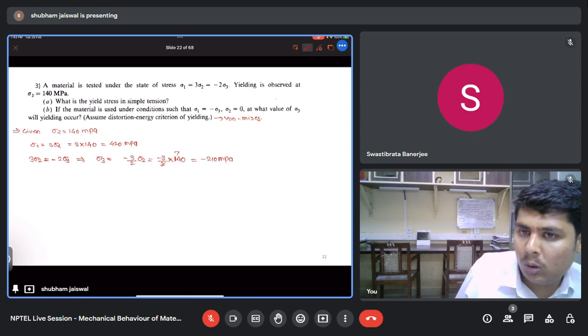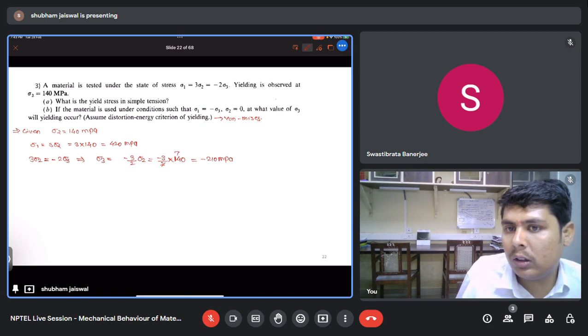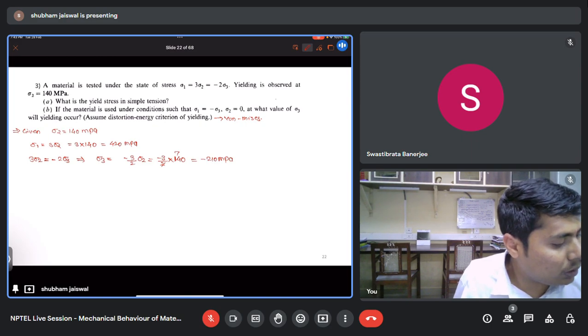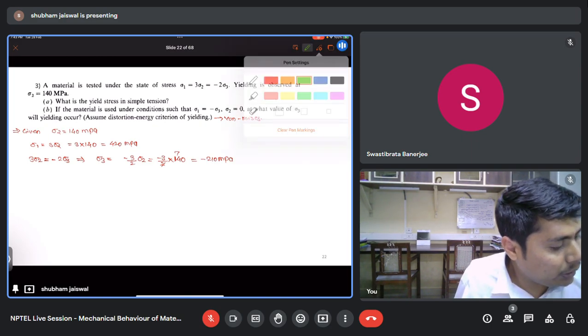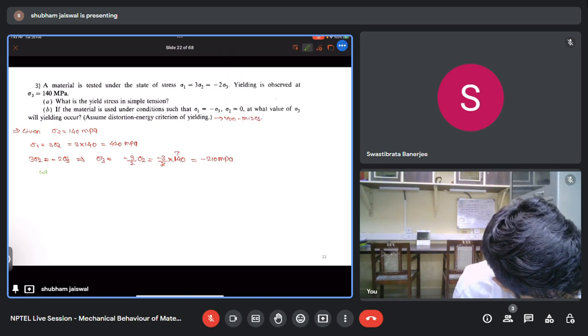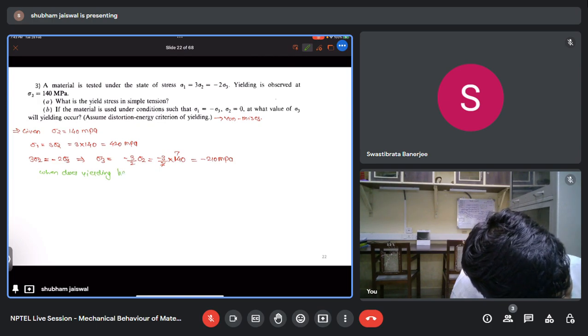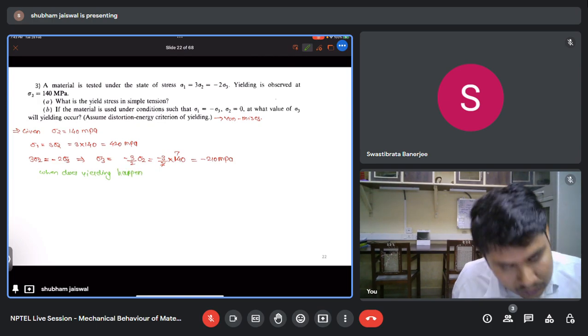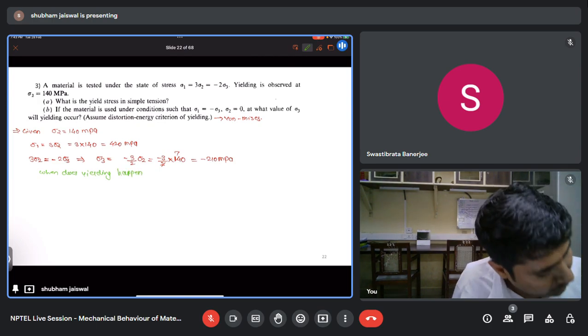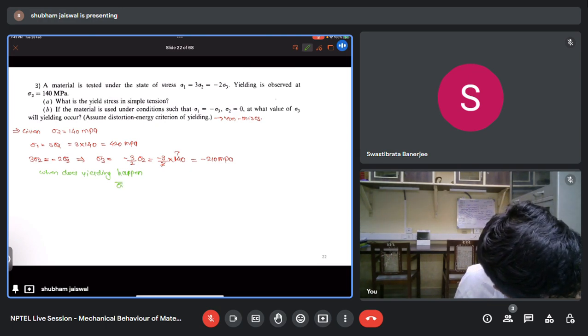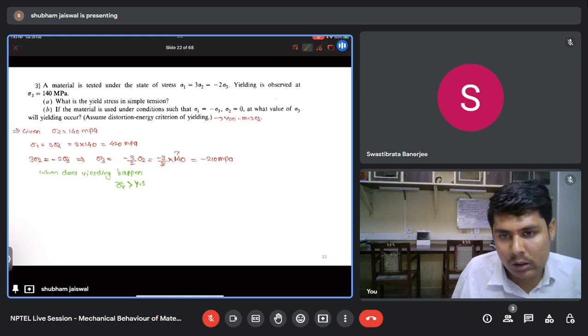Now what they are asking is the yield stress in simple tension. So when does yielding happen? According to von Mises criteria, when the effective stress is greater than the yield strength.